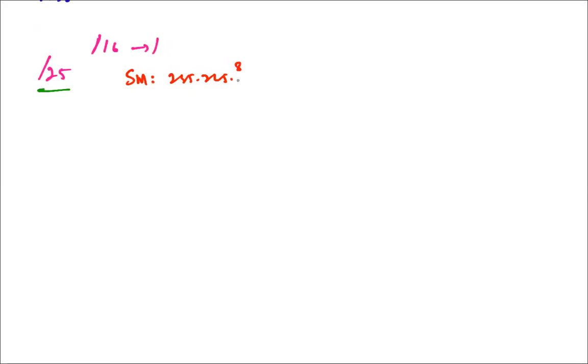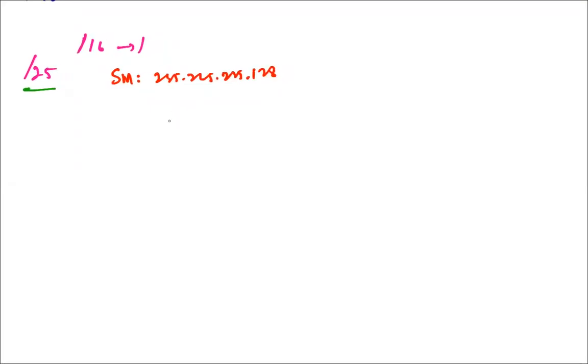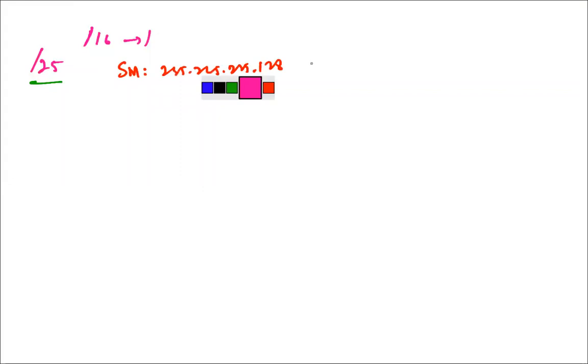Already 8 bits are fully changed here, so it's going to be 255.255.255.128. Good. Now we'll look at the changed and unchanged bits. Same story: 9 bits changed, because we have 8 bits changed here and then 1 bit changed here. Got it? 9 bits have been changed. So changed bits 9, unchanged bits.